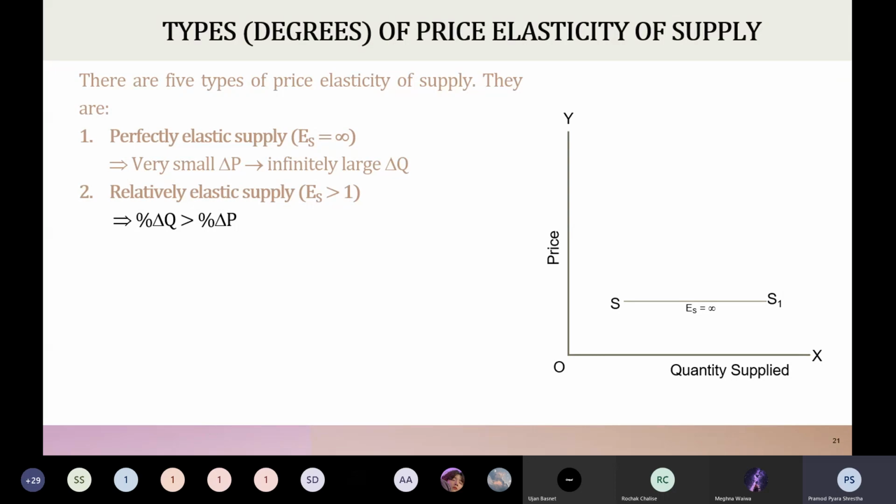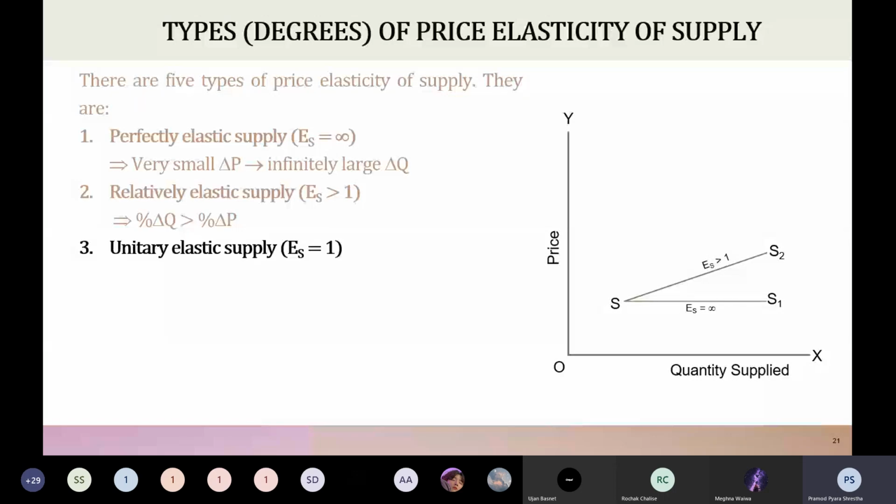This type of elasticity of supply can be shown with a relatively flatter, upward sloping line. So S2 is the supply curve which is relatively flatter, indicating ES is greater than 1, where the percentage change in quantity supplied is greater than the percentage change in price.